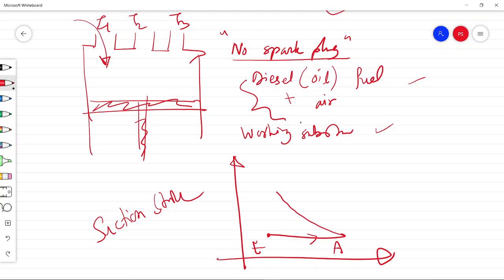Then we have the compression stroke AB. After that, there is a slight change in the process. In the case of petrol engine, we had the isochoric process from B to C. Now instead of this, here what we have is an isobaric process from B to C. And it is called combustion.